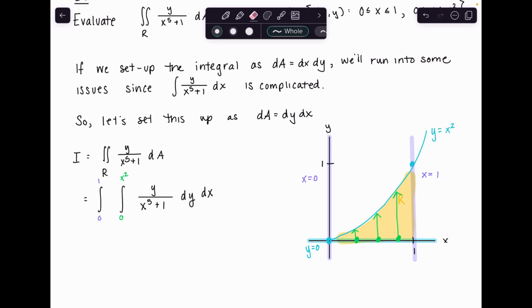But again, we don't want to do that order of integration because it would be messy. So hopefully in the process now of integrating with respect to y first, it's going to make my x integral much easier.